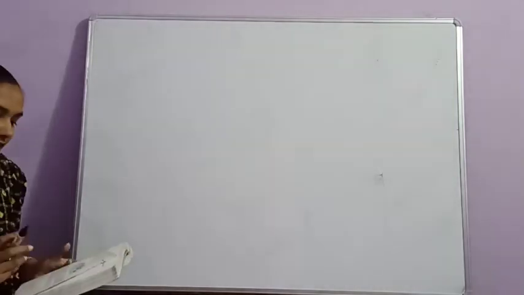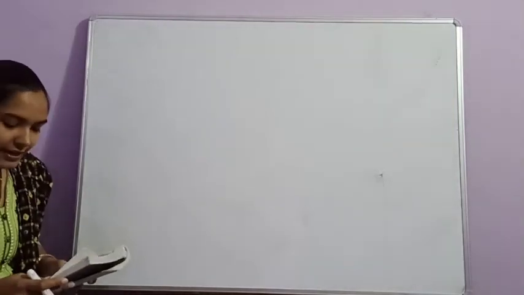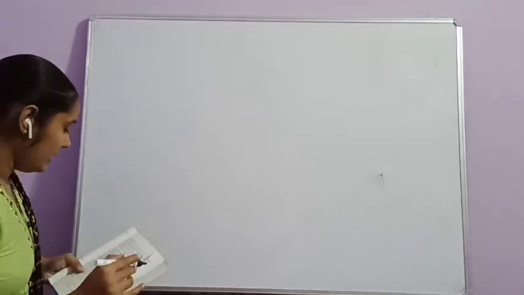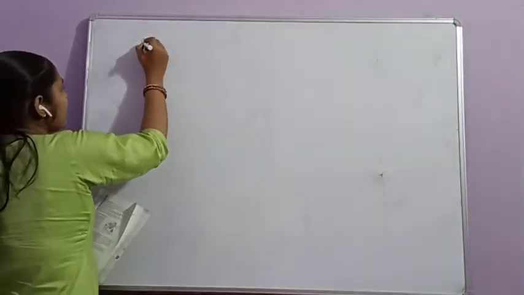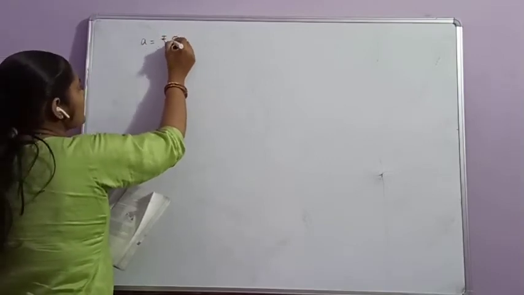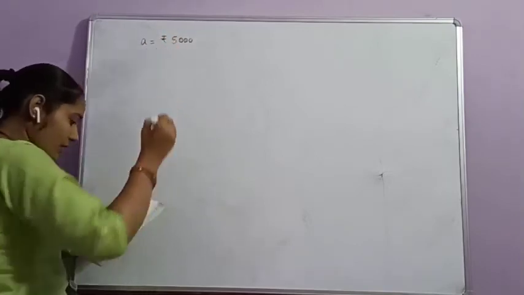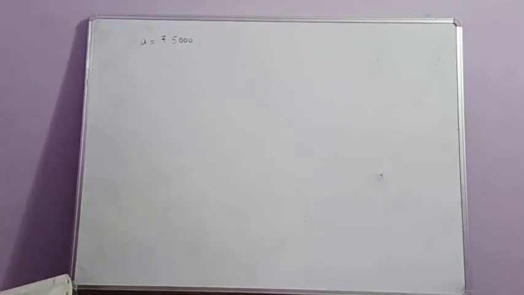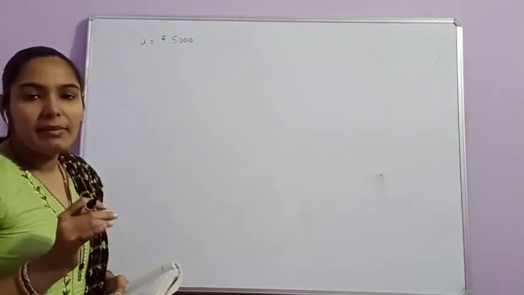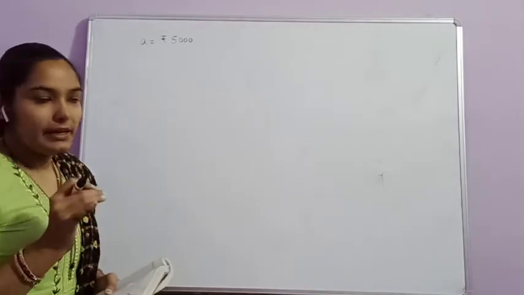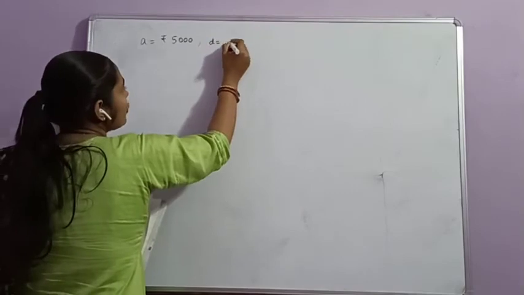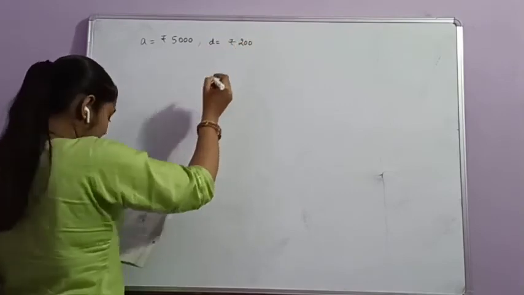Subba Rao started work in 1995 at an annual salary of rupees 5,000. It means starting salary, that is A, was 5,000 rupees and received an increment of rupees 200 each year. Increment is received per year, that is D, rupees 200.